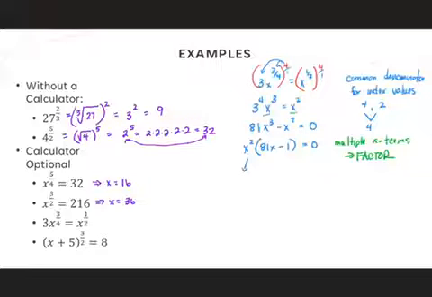So either x squared is equal to 0, or 81x minus 1 is equal to 0. So over here, I can take a square root of both sides, just gives me x is 0. This is 81x is equal to 1. Divide by 81.